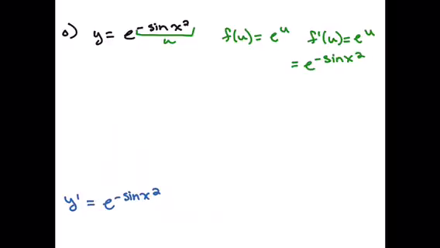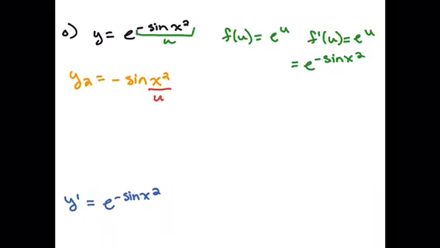And now we will let y2, or a second function, be the next outermost function, or the u that we chose, which is negative sine of x squared. And again, I see a chain rule here. Inside the sine function, I have an x squared. So that would be my next u.